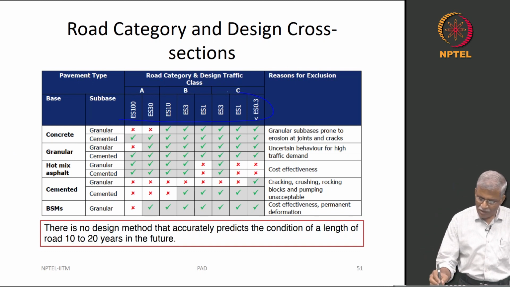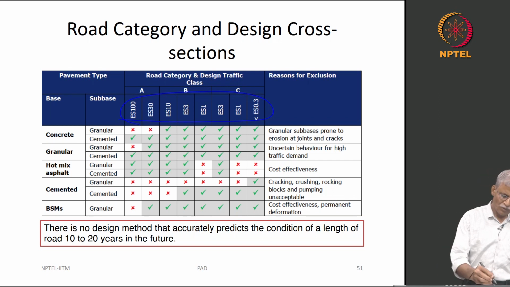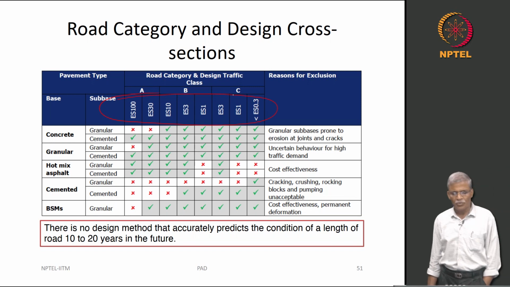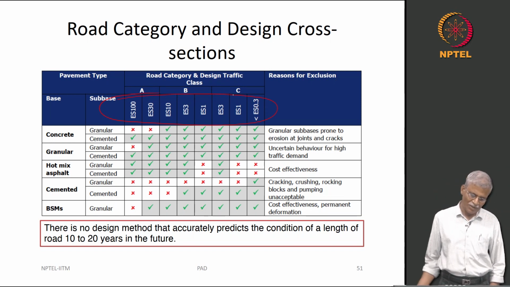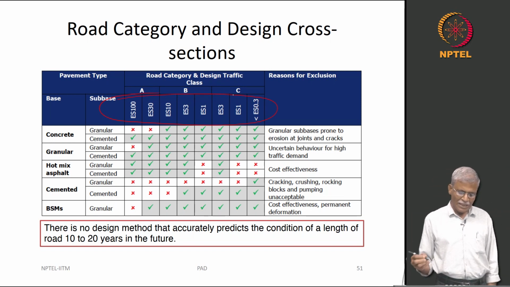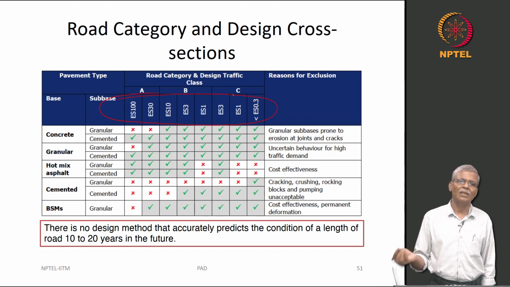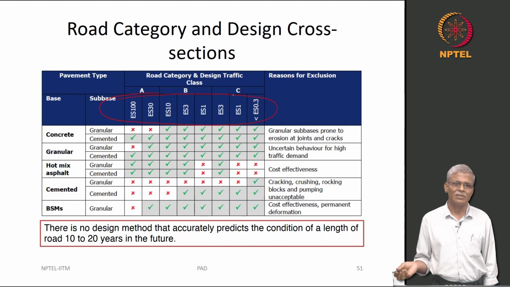Let me use a different color. These are the different road categories and design traffic classes. If for instance you are looking at ES 100, you are talking in terms of 100 million standard axles, or 30 million standard axles, or 10 million standard axles.